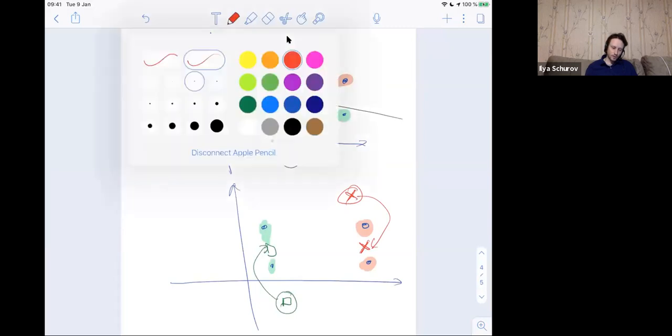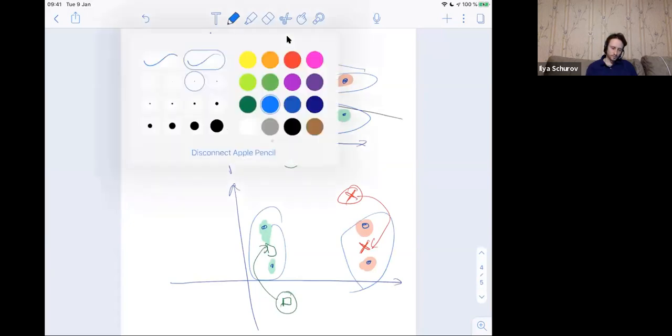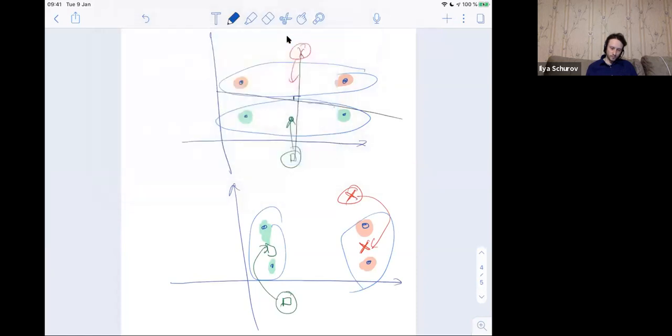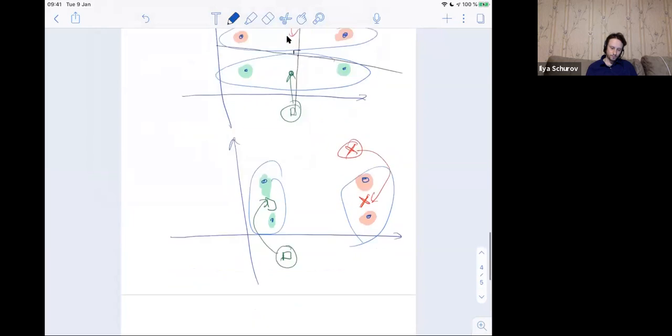And so we see that here we have one clustering, and here we have a different clustering, and it depends on the initial choice of centroids.